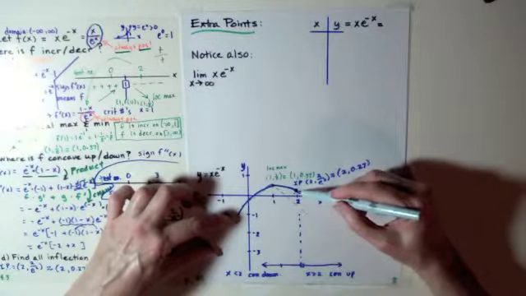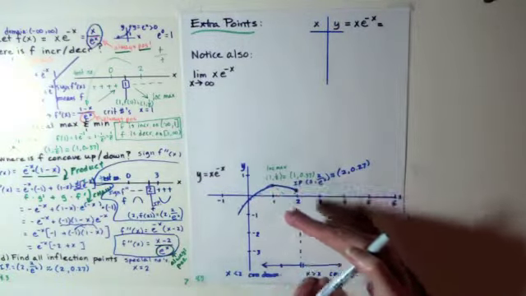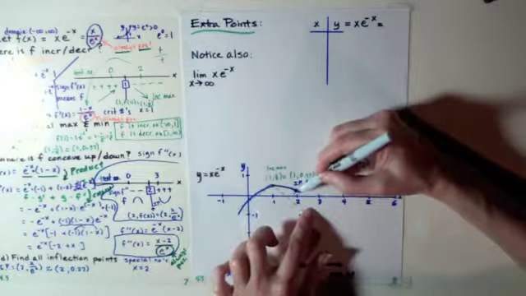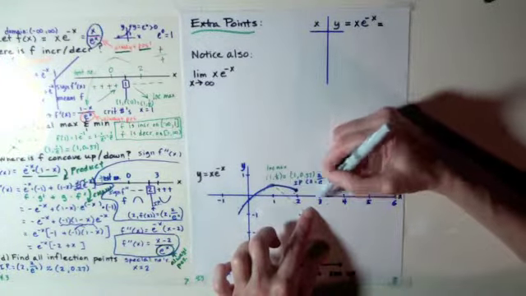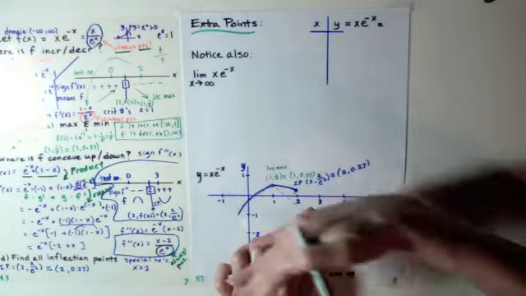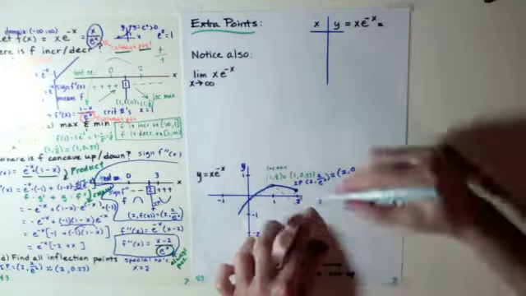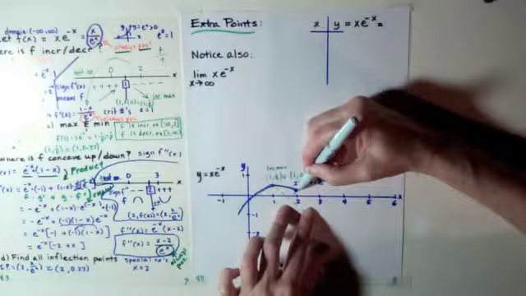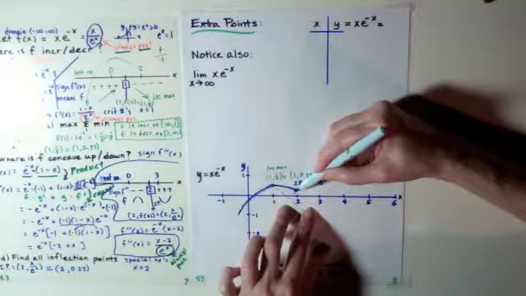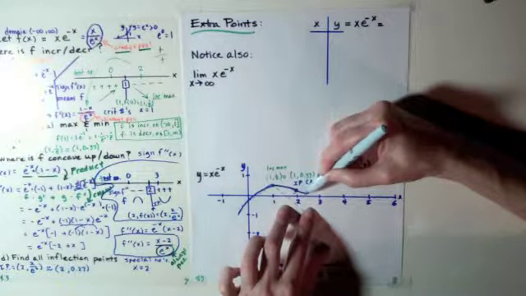Now, when we get to the inflection point, it's supposed to continue to decrease, but the concavity flips. So now I have to draw something that's going down, decreasing, but flips to be scooped upwards rather than scooped downwards. So it's concave down until I get to this inflection point. Now it continues to drop, to decrease, but it has to be scooped upwards.